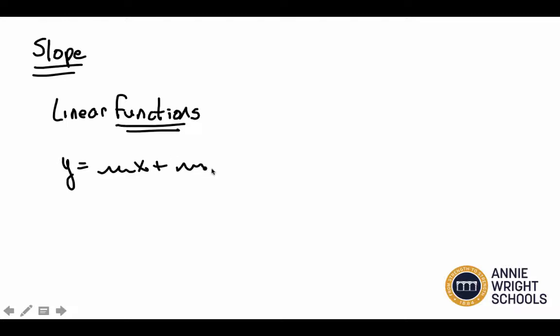And if it's a linear function, we only have one x term, and the power of that x term is the first power. All linear functions have a graph that looks like a straight line.